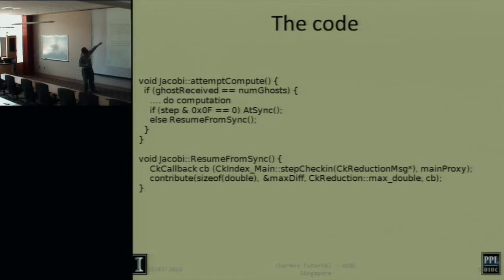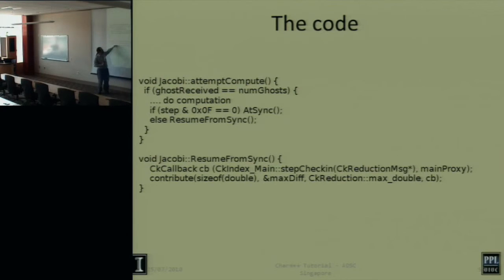So in this case, here we're just making a callback. The idea here being that there's a main functor called step check-in, which basically has everyone who's been migrated check in with a single place, and you're just going to contribute to this reduction.